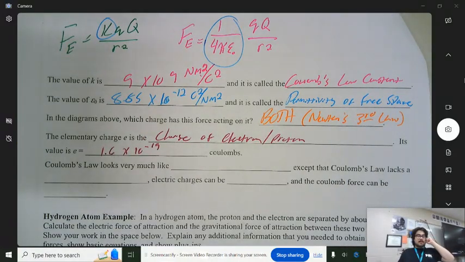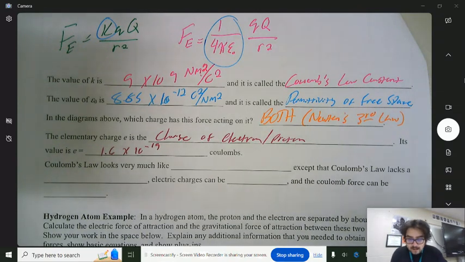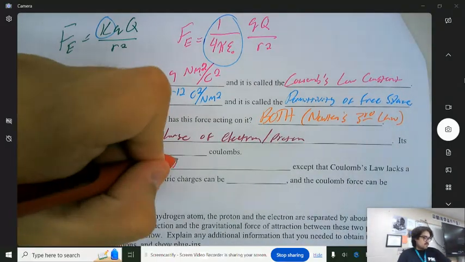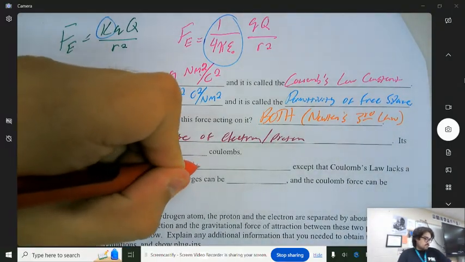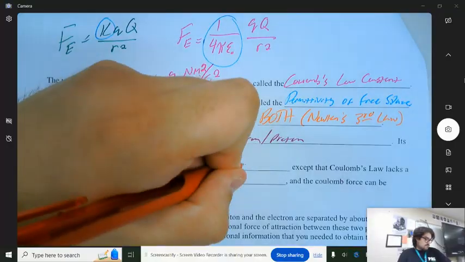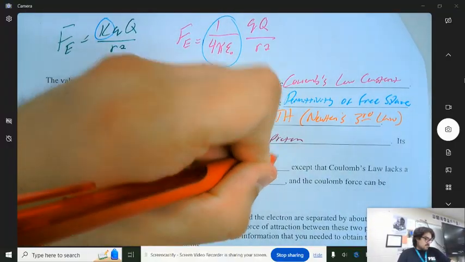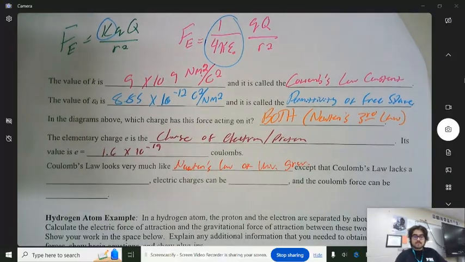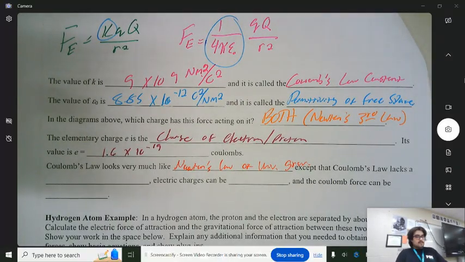Now, Coulomb's law, if you had a good physics teacher last year, which if you had me, you did, looks kind of familiar, doesn't it? Remember when we talked about gravity and Newton's law of universal gravitation? It looks very similar to that.